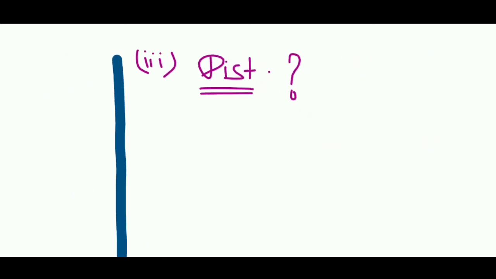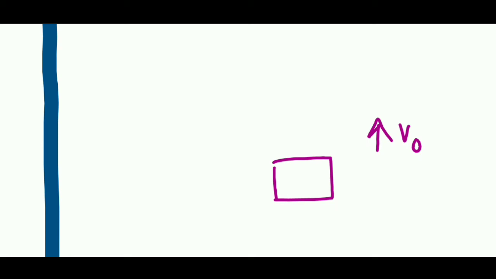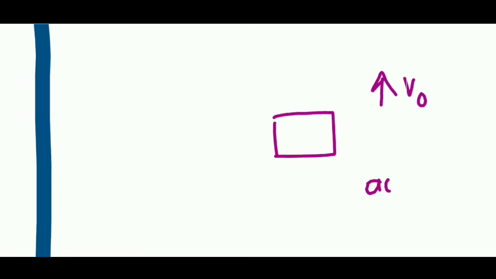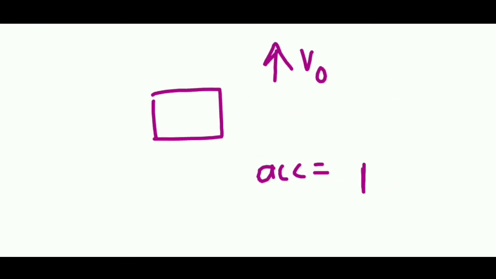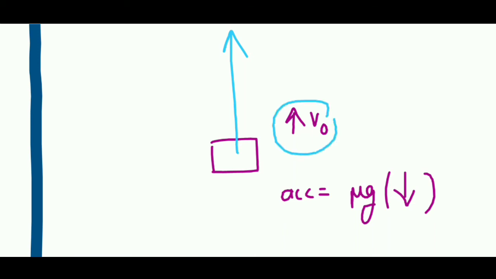Over here also I will just assume that there is a block which started with initial velocity v0. Acceleration for this block was mu into g in the backward direction throughout the motion. Over here also I am considering simple straight line motion, with initial velocity v0 and deceleration mu g.